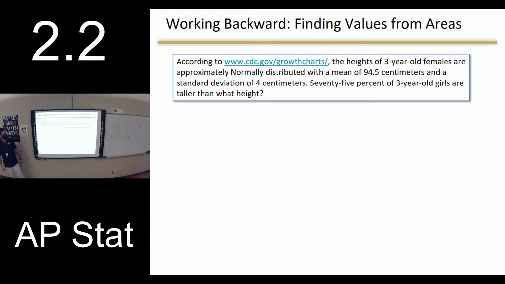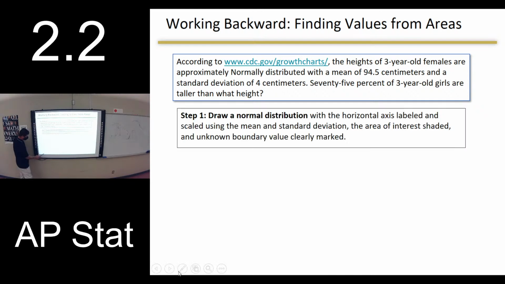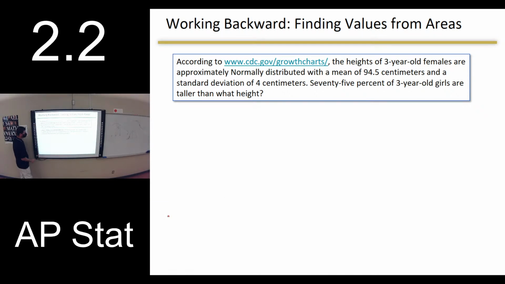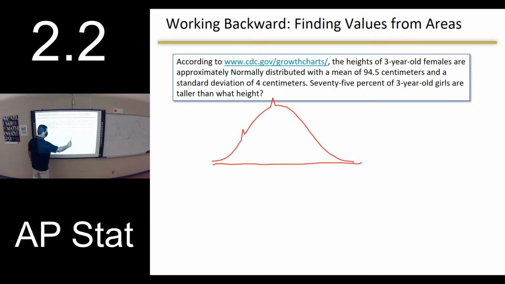According to the CDC, which I'm sure nobody's ever heard about, the heights of 3-year-old females are approximately normally distributed. Oh, stop. Approximately normally distributed. I stop right then. Oh, I don't like that at all, but that's what it is.